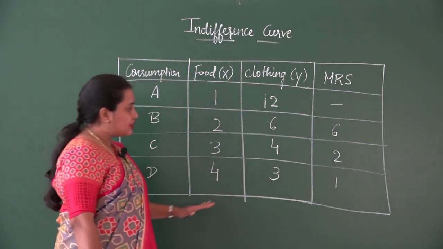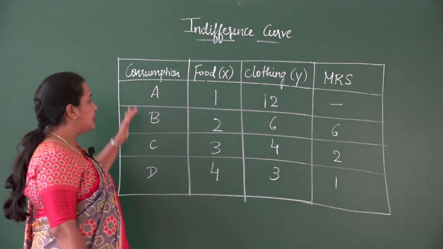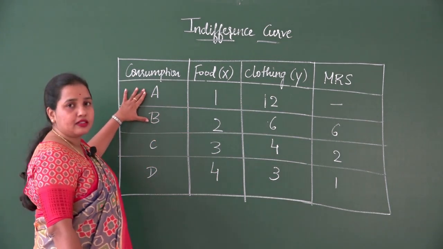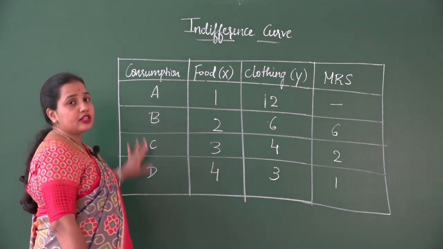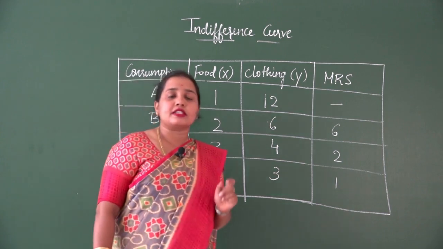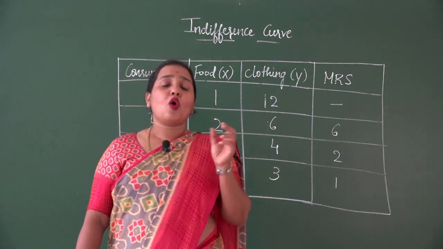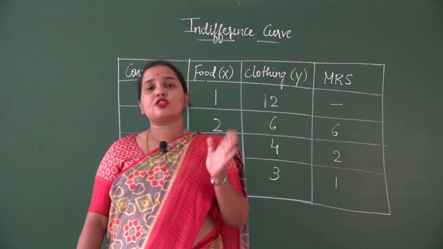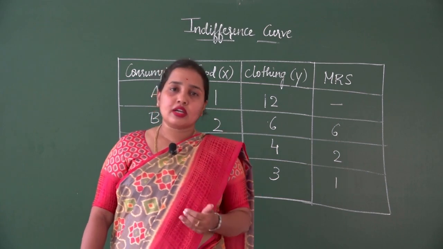In this particular schedule, there are 4 such combinations that you can see, which is being represented by the alphabets A, B, C and D. So, here in the indifference curve, we try to understand what is the combination of the quantities of two commodities that the consumer wants to consume.